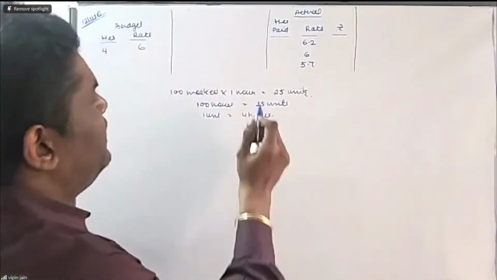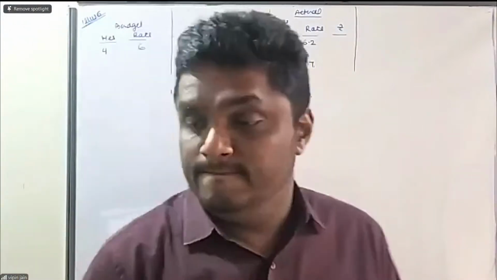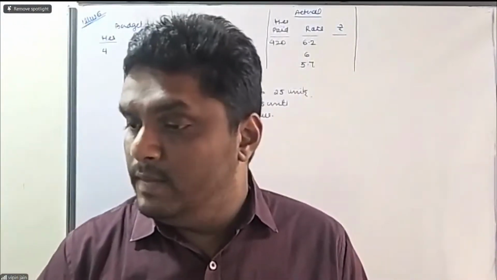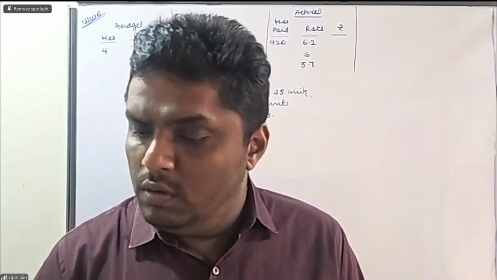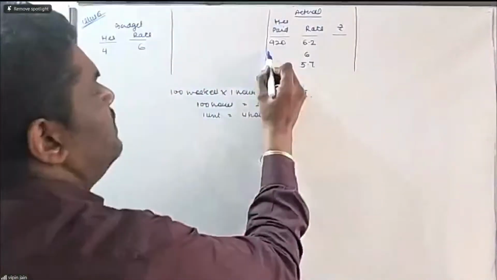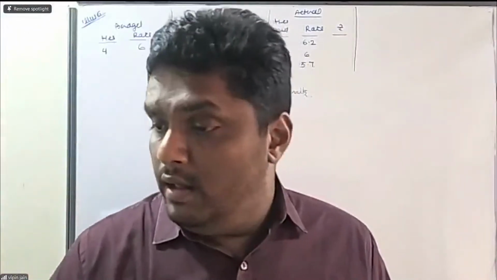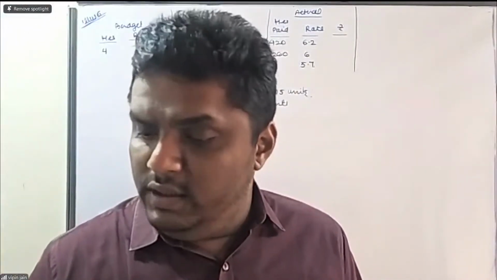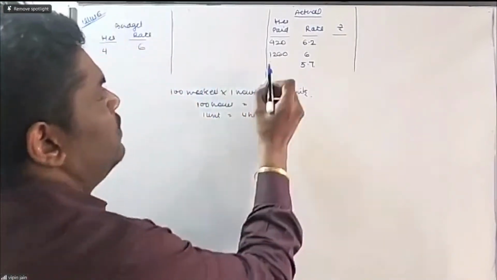So 10 into 42, this will be 420. 30 into 42, this will be 1260. And 60 into 42, this will be 2520.